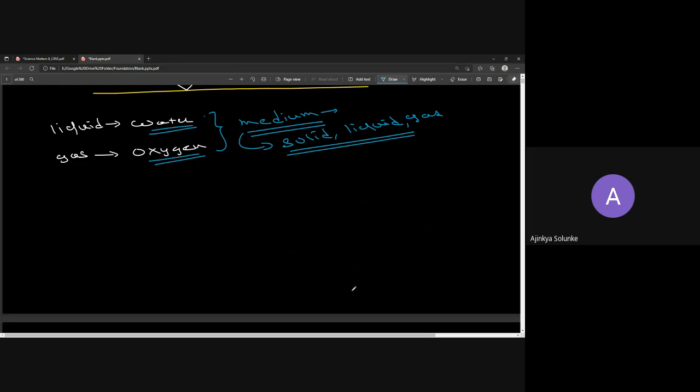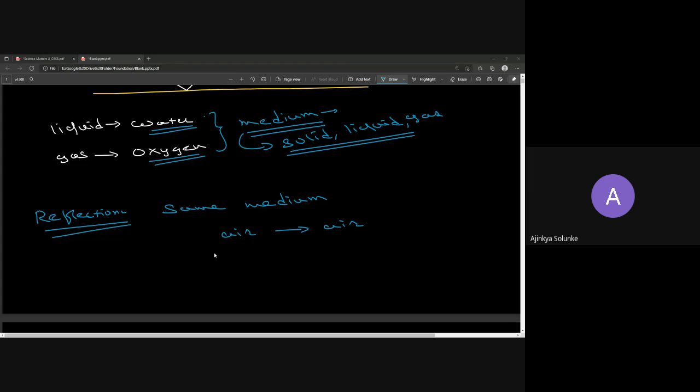Now, the main condition for reflection is that the light should bounce in the same medium. What does this mean? Suppose the light is coming from air, after reflection, it should go again in air only. Suppose the light is coming from water, after reflection, it should go in water only.